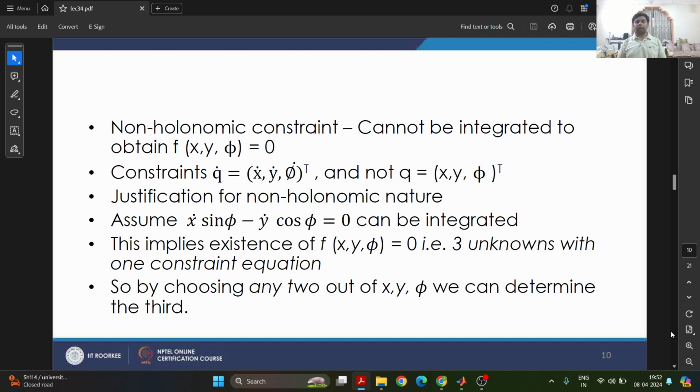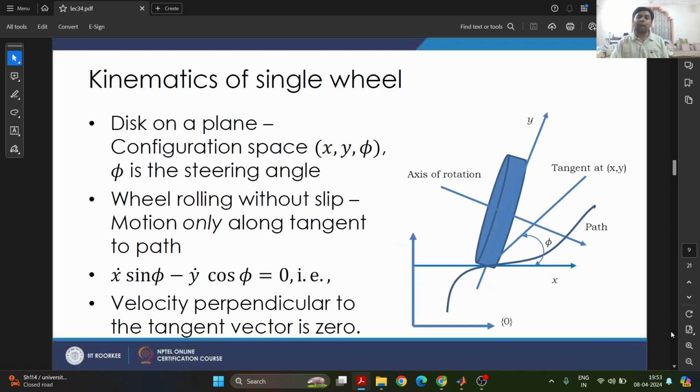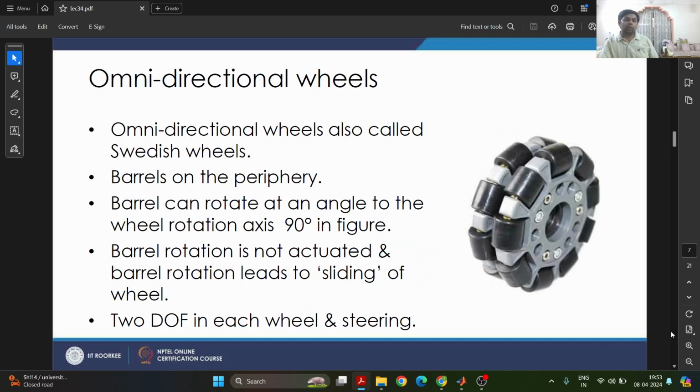I think holonomic means that the steering motion and the forward, let us say the translation motion of the wheel point of contact, can be independent. So omnidirectional wheels can in some sense lead to holonomic kind of motion.